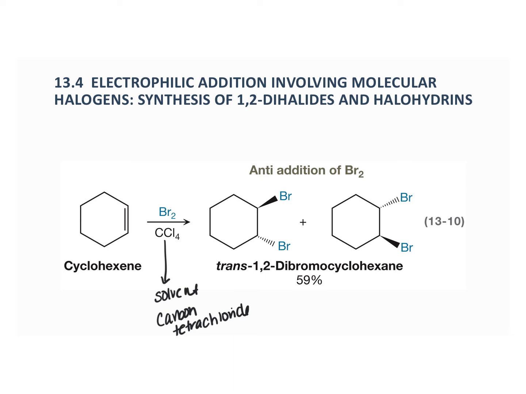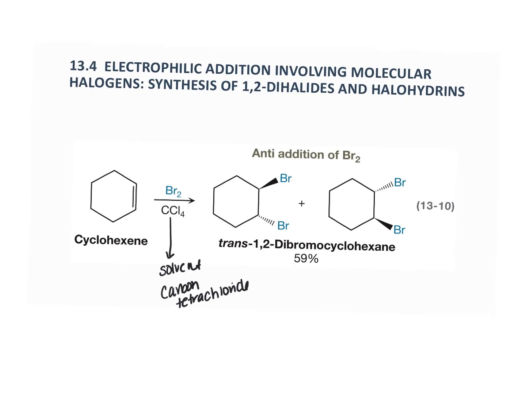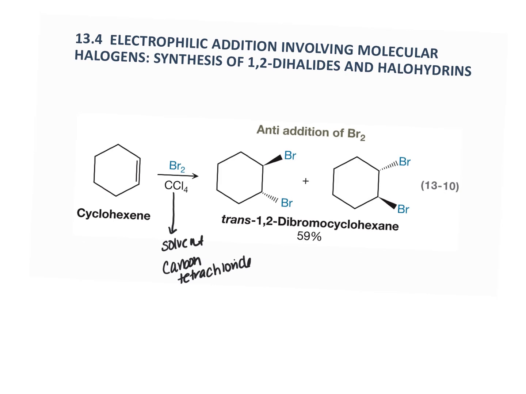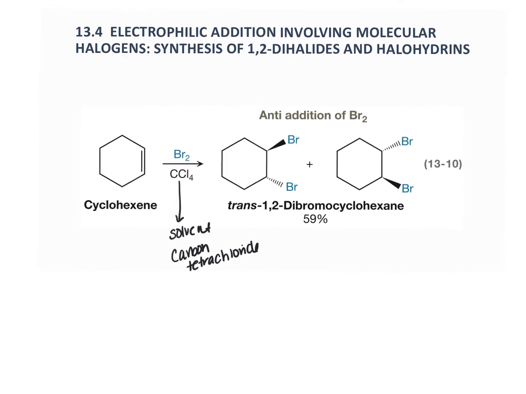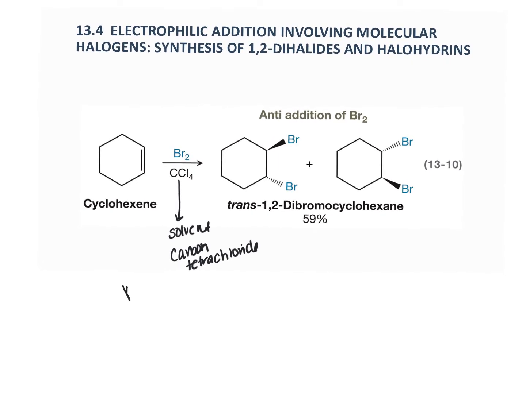And it's just a solvent. A racemic mixture of trans-1,2-dibromocyclohexane is produced, and that's shown here, okay? And so another way to say this is that molecular bromine undergoes an anti-addition across the carbon-carbon double bond. Hold on. So I want you to write that down.